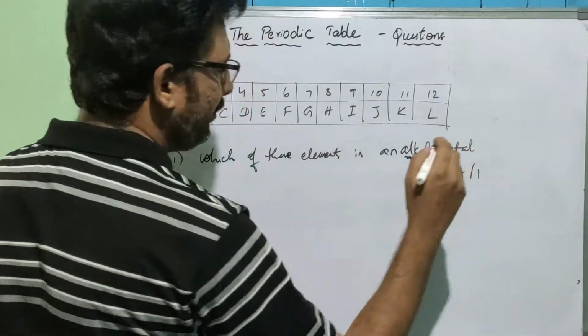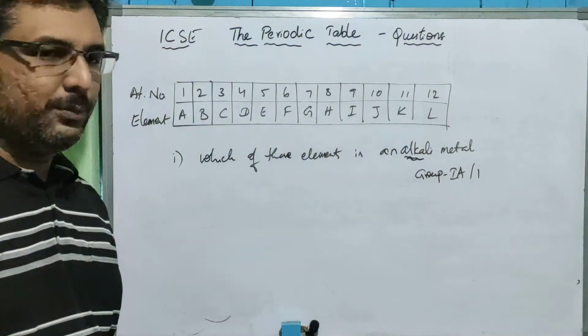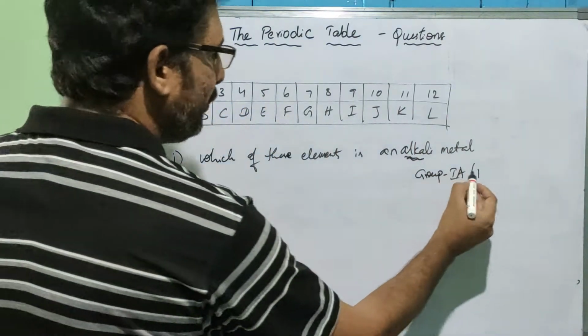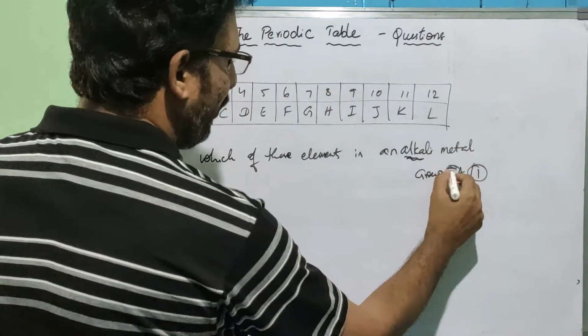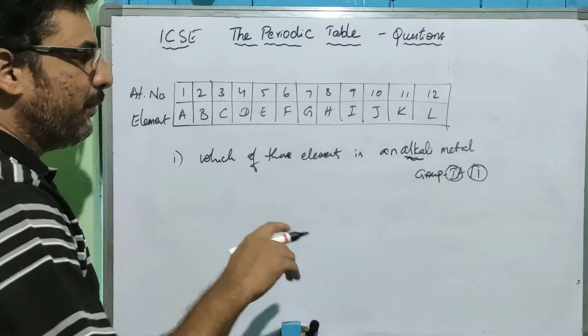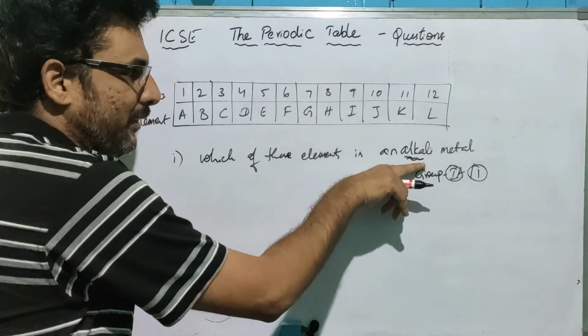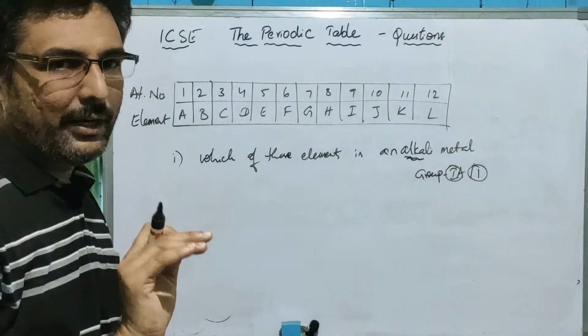How do we find which element belongs to group 1? The group number represents the number of valence electrons. That means the element which belongs to group 1, the alkali metal, will have one valence electron.